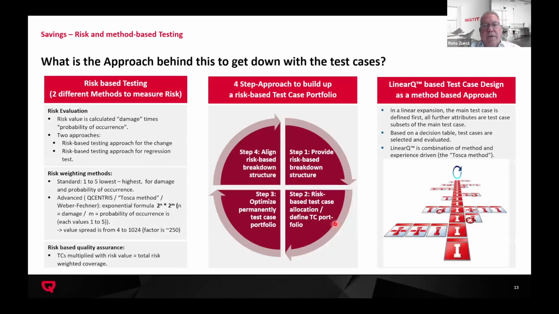Now, what is the approach behind this? There's actually a following report. If you go to the left, we see actually risk-based testing. We do follow the same risk-based testing as everybody. And the recommendation is also make it as simple as possible.